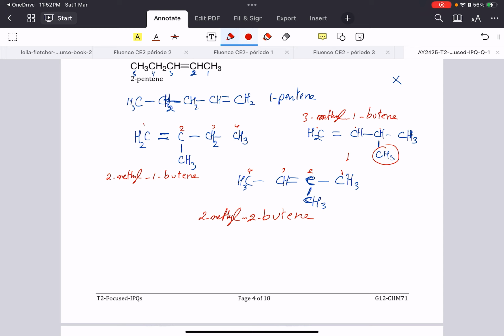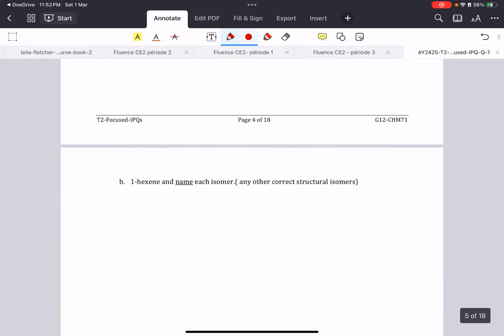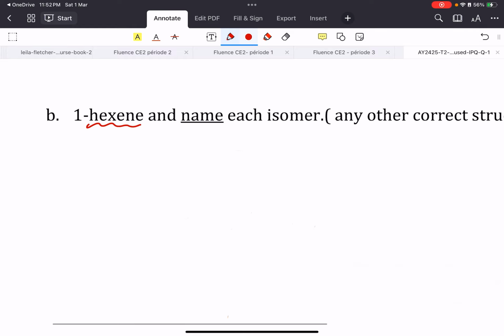You cannot make more branches with the 3 carbons because there's a double bond and 2 branches, so it's not possible. Now 1-hexene. The larger the main carbon chain, the more choices of making isomers. So hexene is a chain of 6 carbons.